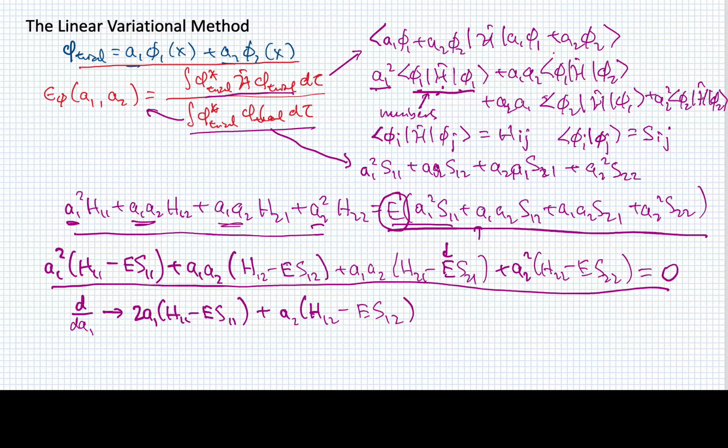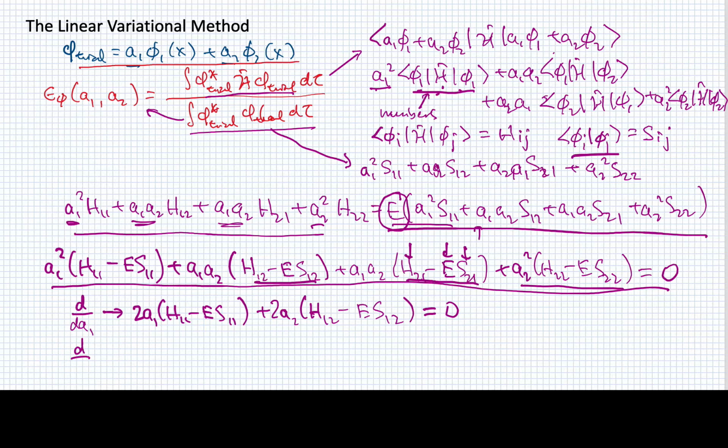But now I'm going to claim that because the Hamiltonian operator is Hermitian, and also these functions can be written in either order for S11, this term here is the same as this term. So in other words, I'm just going to get 2 of this same term when I take that derivative with respect to a1. And there's no dependence on a1 over here, so that's just equal to 0.